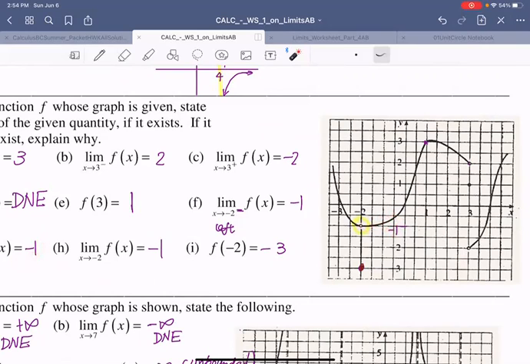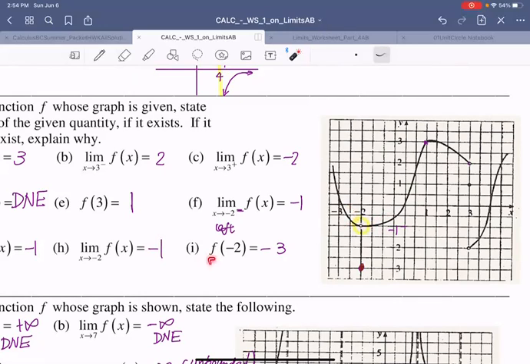You approach from the left, you approach from the right, and these two give you the same value. So the limit at negative 2 is going to equal this. You approach from your left, you approach from your right, and it gives you the same answer. So you put it here.